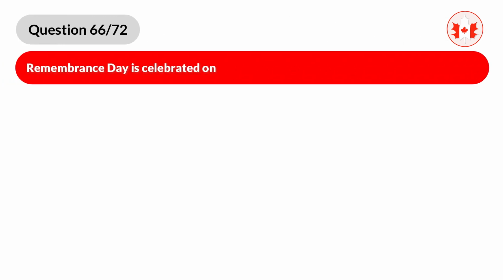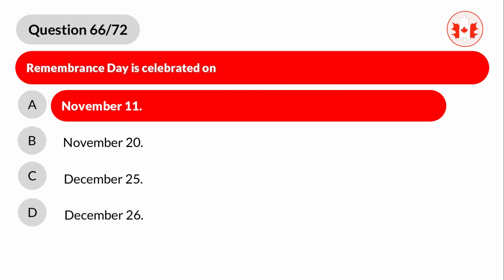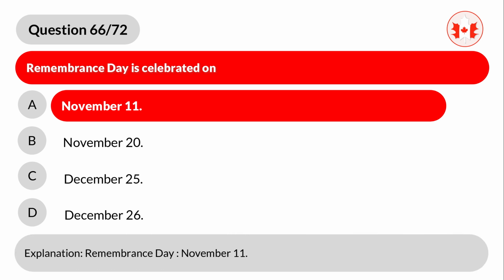Question 66. Remembrance Day is celebrated on A. November 11th. B. November 20th. C. December 25th. D. December 26th. The correct answer is A. November 11th. Explanation: Remembrance Day, November 11th.